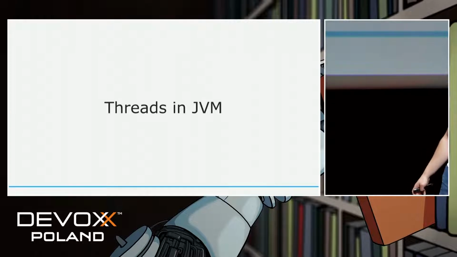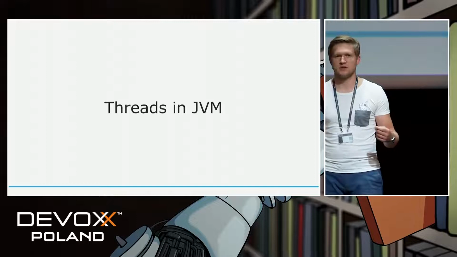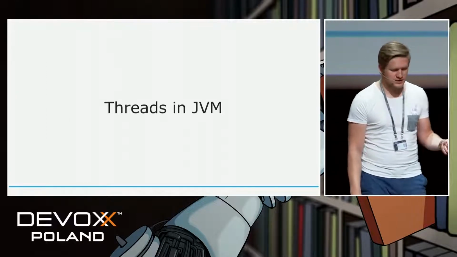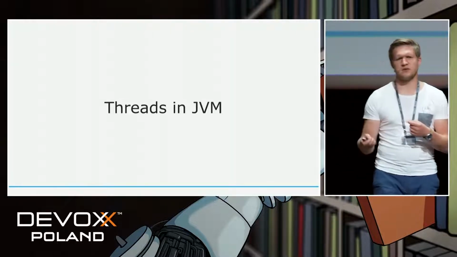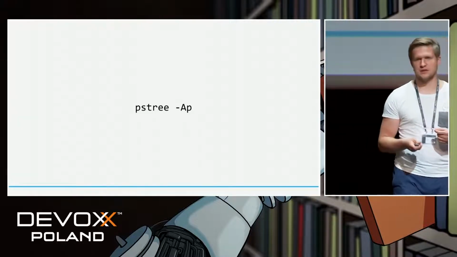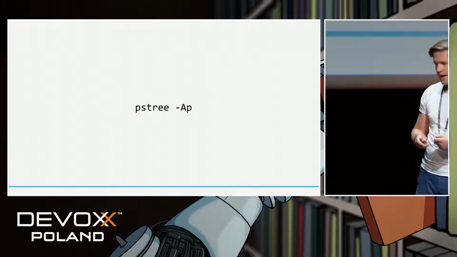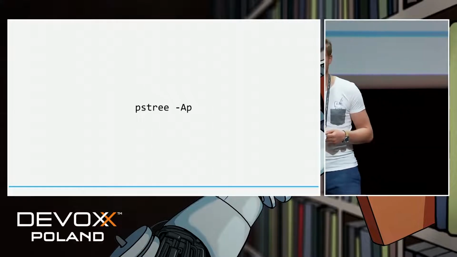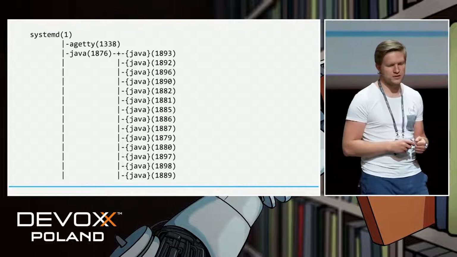Okay, but this is how processes look from the perspective of our operating system. So what does it have to do with threads in the JVM? Well, we're going to find out. I used the pstree command to plot this kind of process tree, and I hid a very important detail from you in the slides before. So this is the full process tree whenever I run a Java application.